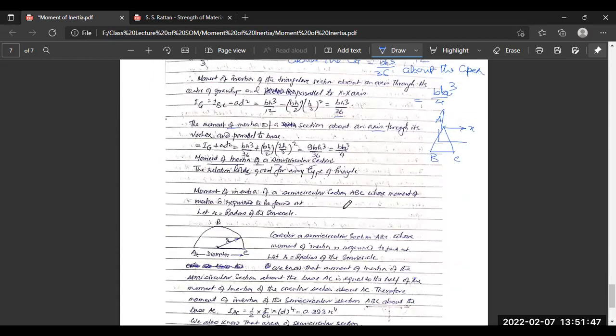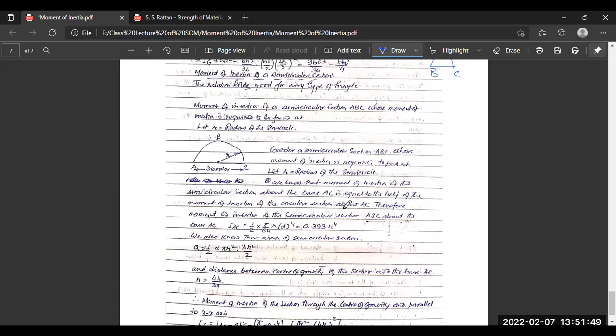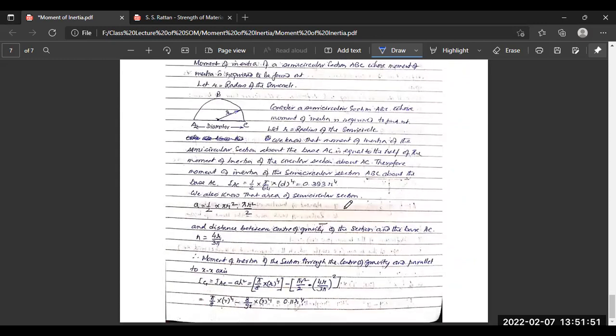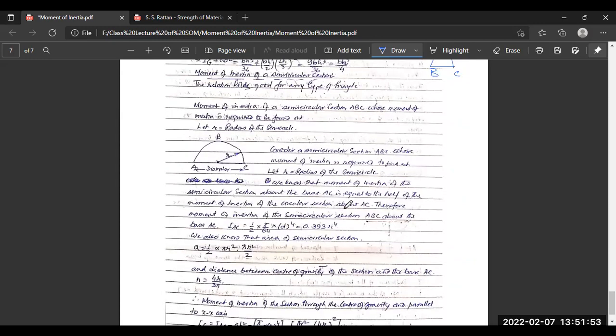Next, let us go through the moment of inertia of a semicircular section. Here we have a semicircular section ABC, whose moment of inertia is required.